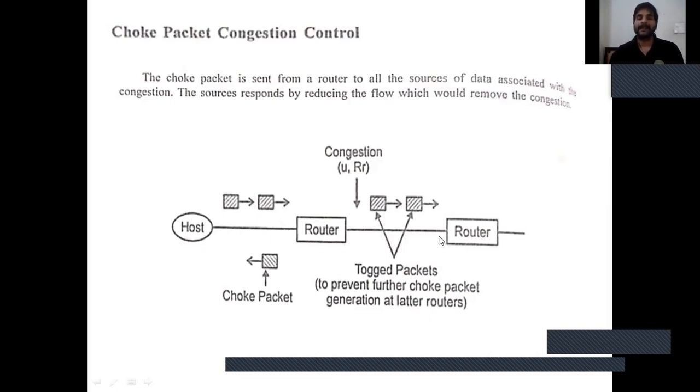The tag packet is sent to the next hop router to inform it that this router has already sent a choke packet, because if all routers send choke packets, then the choke packets themselves will create congestion. So this tag packet informs the next hop router that a choke packet was already sent to the host. The tag packet prevents further choke packet generation at later routers. This is the process of choke packet congestion control.